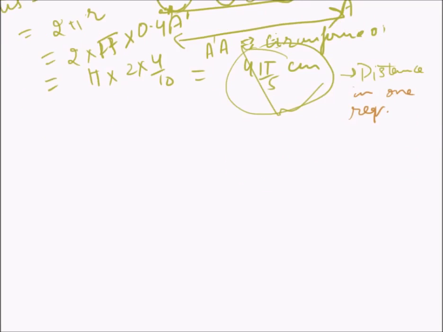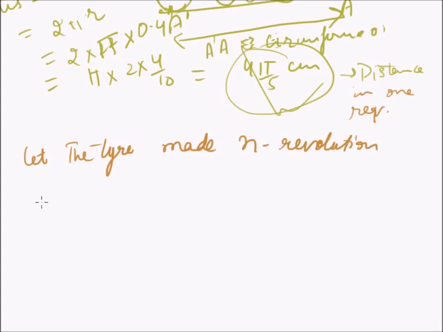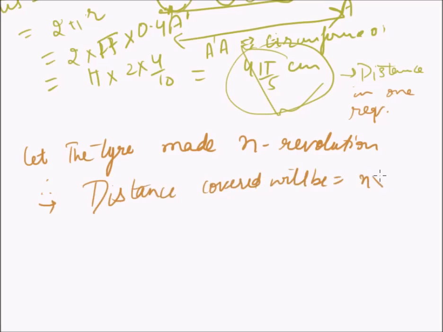So let the tire make n revolutions. The distance covered will be n into 1 revolution, that is n into 4 pi by 5 meters.